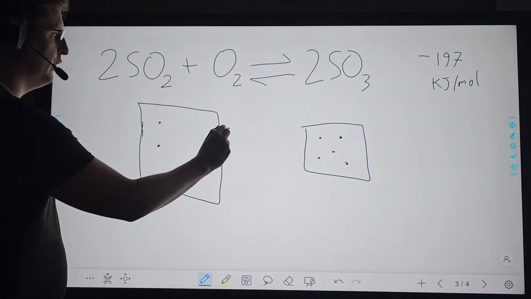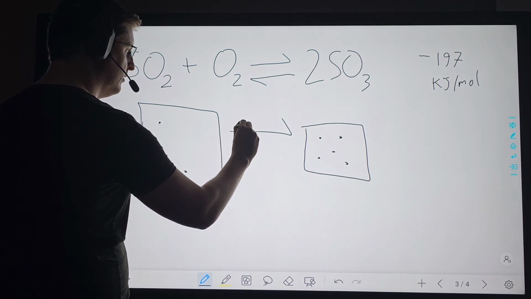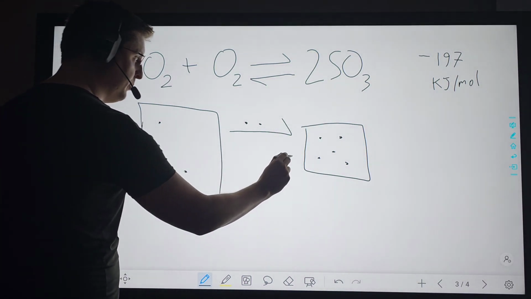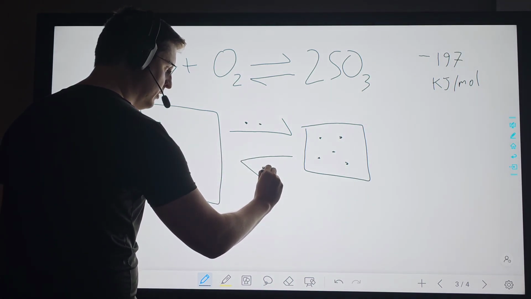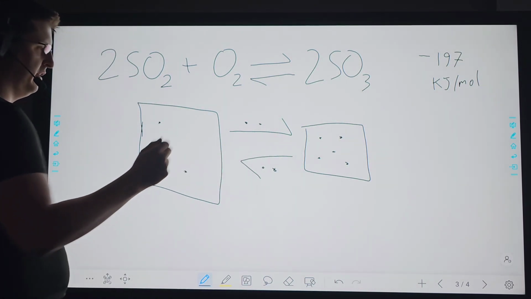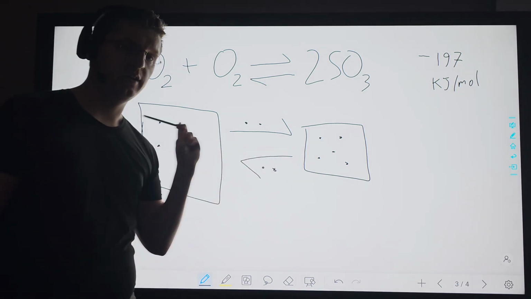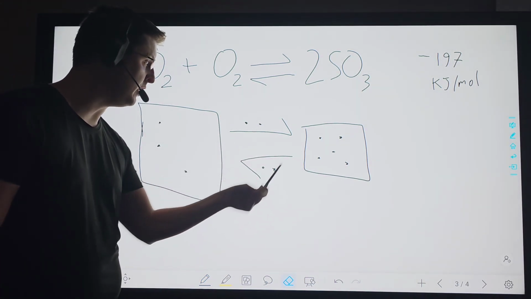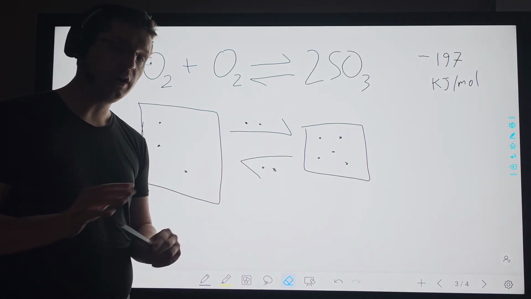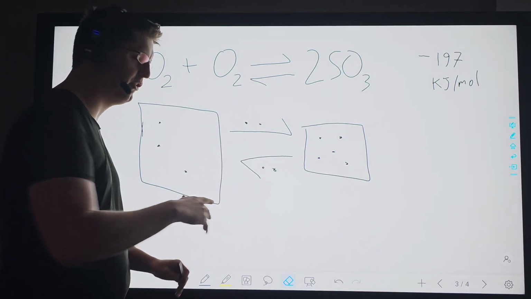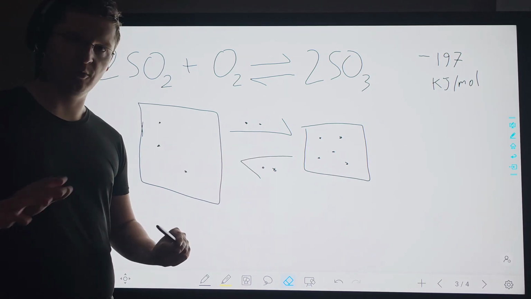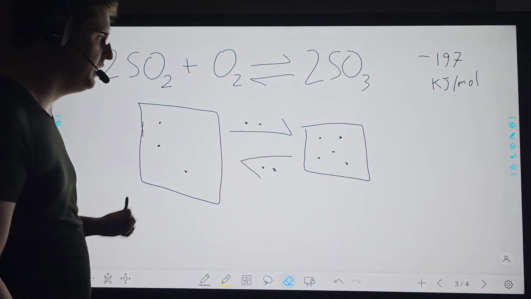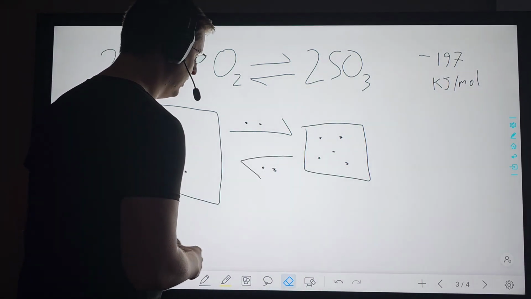Okay, so we've got this box giving 2 dots over to this box, and this box at the same time giving 2 dots over to this box. So they're trading equally, okay? That is what equilibrium is. It's this equal trade. Equilibrium is not the 2 boxes having the same number of dots. That's not equilibrium, okay? In equilibrium, one side might be more favored than the other.